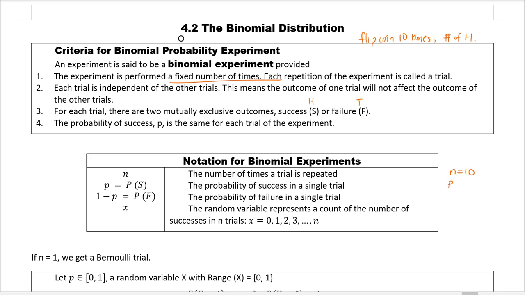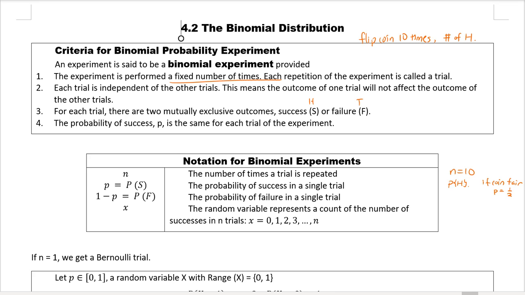But if the coin is fair, then this P is 1/2, okay? And then the probability of failure in a single trial is 1 minus P, because there are only two mutually exclusive outcomes, either head or tail, right? That's why they are like complements of each other.